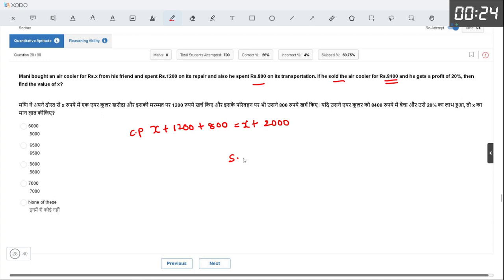His SP is 8400. What profit of 20%? Profit 20% means SP is 1.2 times CP, right? So the cost price will be 7,000. If it is 7,000, which is x plus 2,000, what is the value of x? The value is 5,000, right? That's it. Very simple.